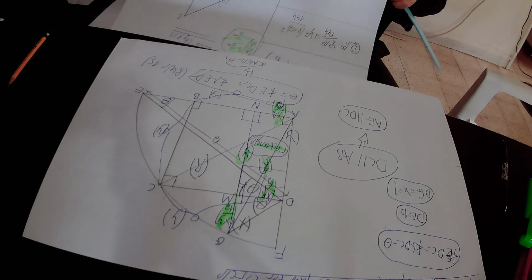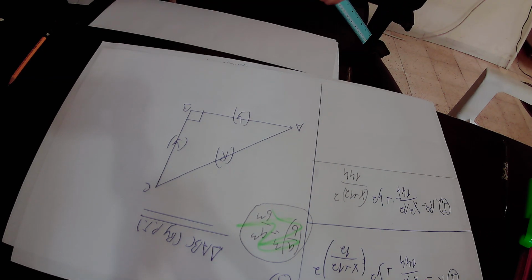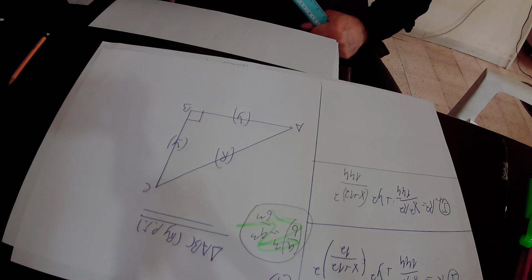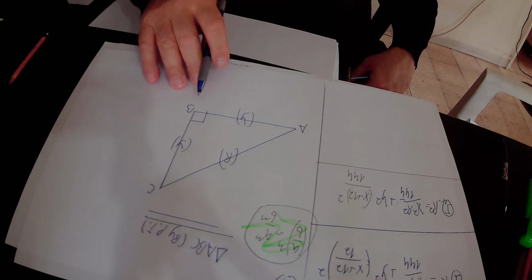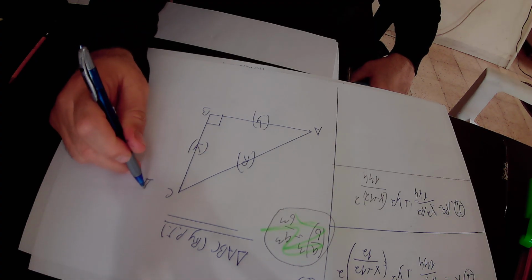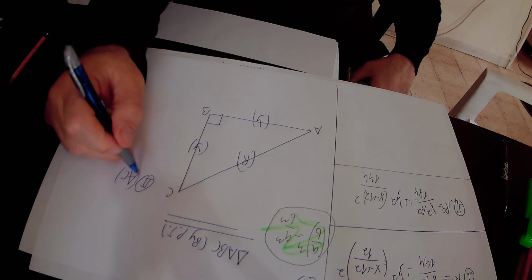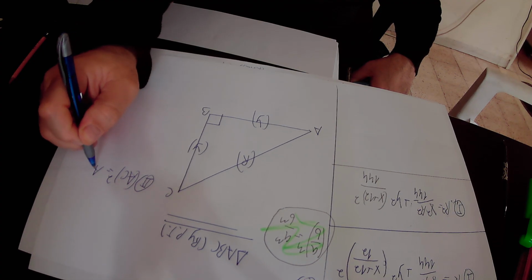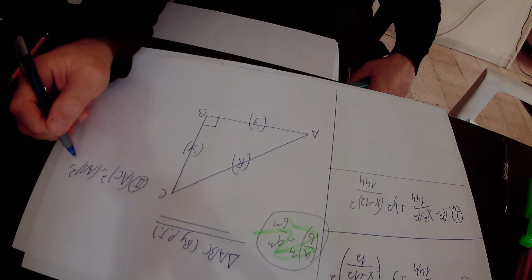So actually, this is the right triangle ABC that I got from the original drawing. In this right triangle ABC, according to the Pythagoras theorem, this will be equation 2. AC squared equals AB squared plus BC squared.